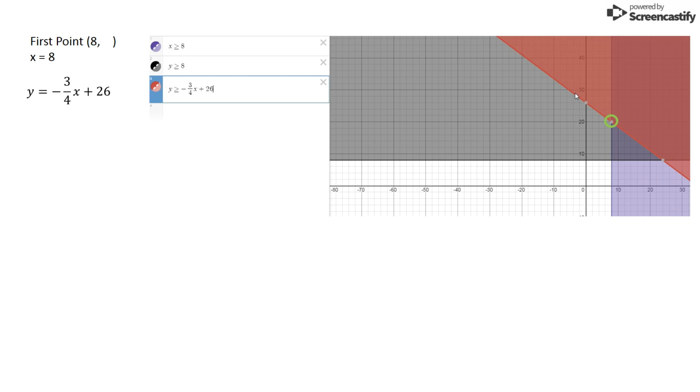We want to know where those two lines intersect. We already know that x is 8, so let's just plug in 8 and see what we get. That's what I did there, and then simplified, and simplified again. Finally, y is 20. So our point is (8, 20).